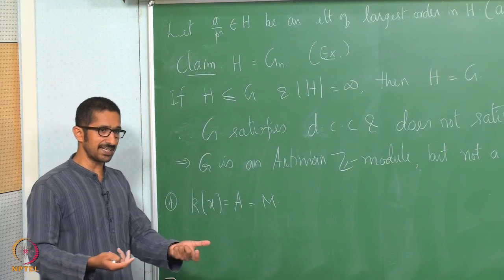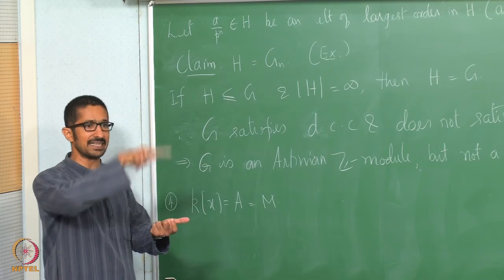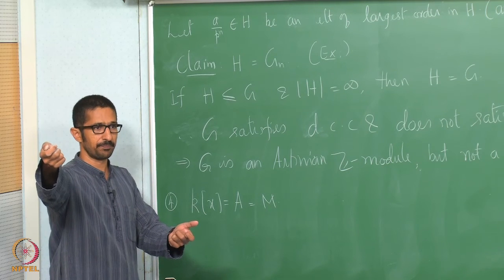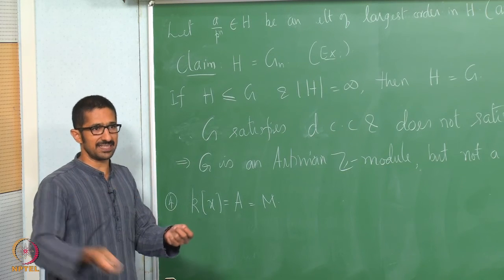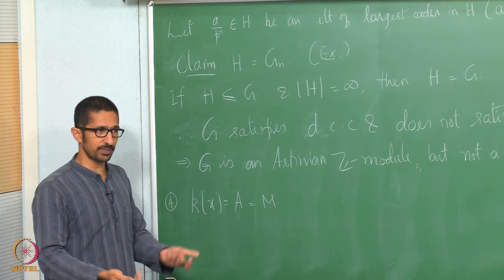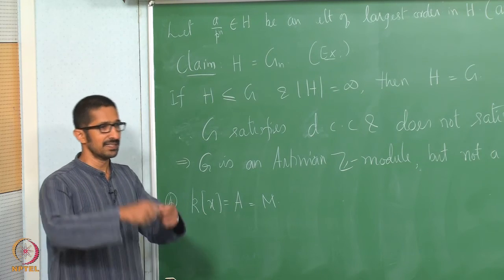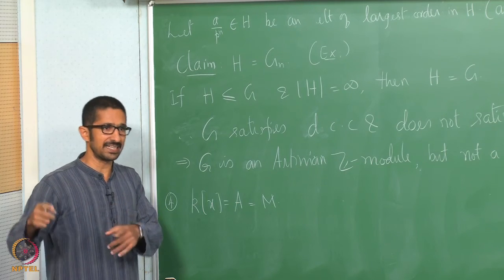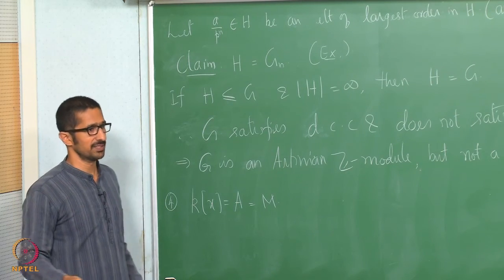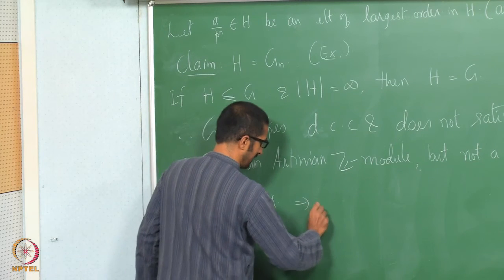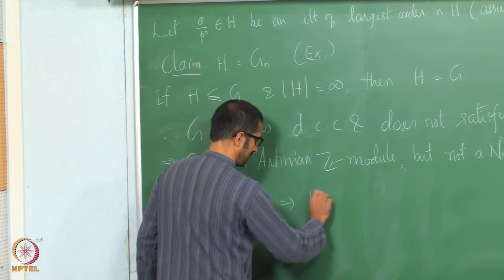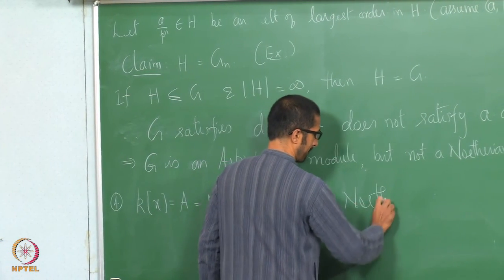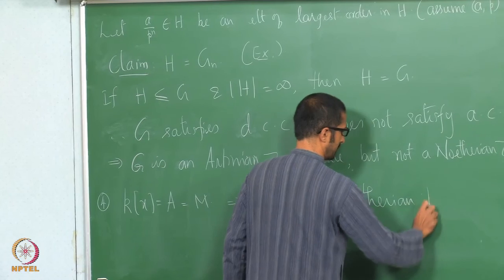So, given any ideal there are only finitely many ideals containing the given ideal, therefore, ascending chain condition is always true, but descending chain condition is not true because you can start with f x containing f x square containing f x cube and so on. So, therefore, this is Noetherian but not Artinian.